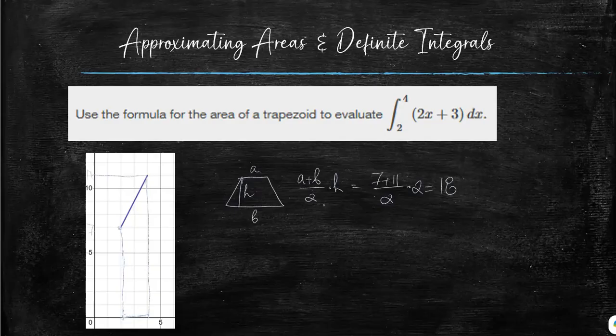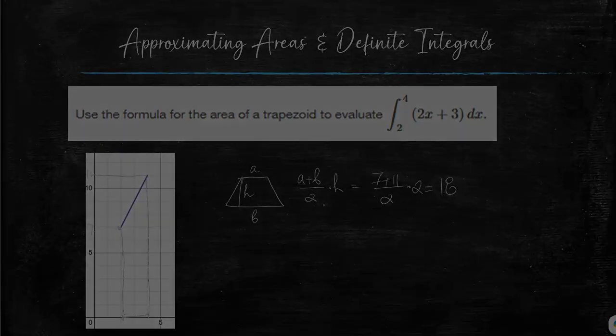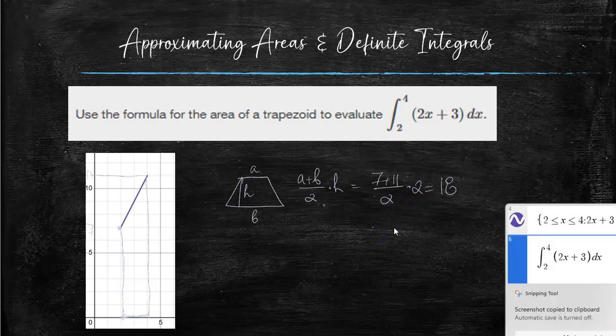So the integral from 2 to 4 of 2x plus 3 dx, and you have to type parentheses there, is equal to 18. I'm going to show you all the code I generated here in Desmos, so you can play with it yourself.